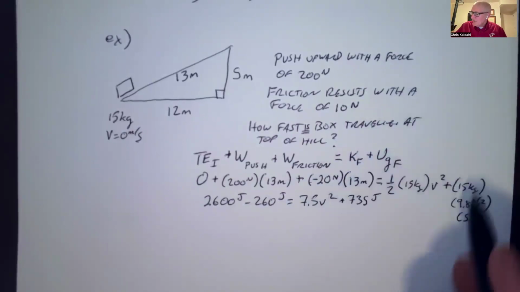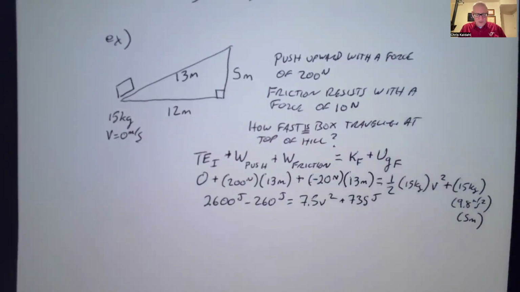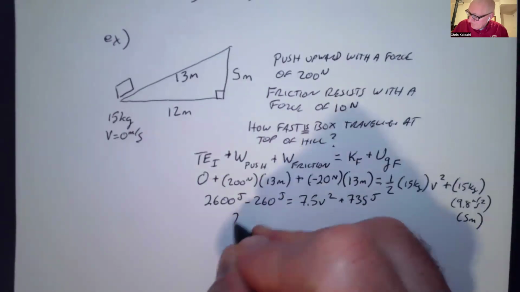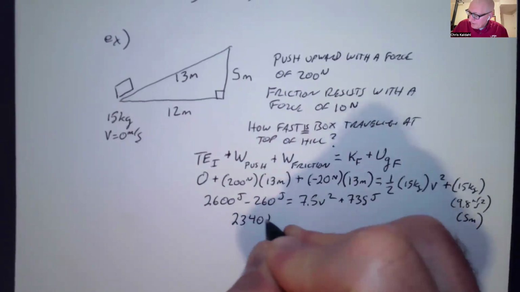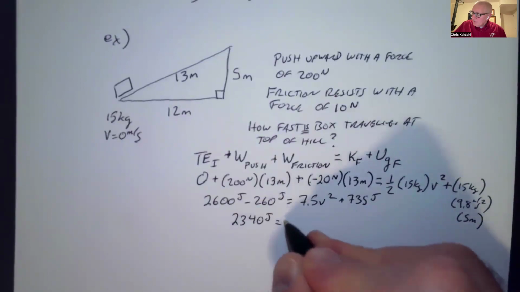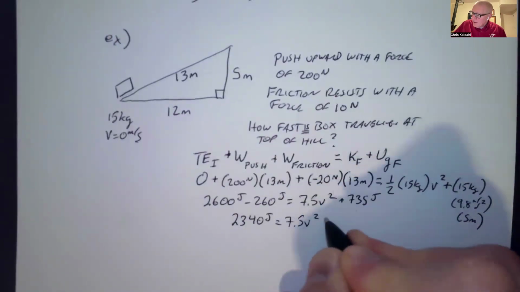Because that's an energy, that's also in joules. So 2,600 minus 260 is 2,340. 2,340 joules equals 7.5 v squared plus 735.